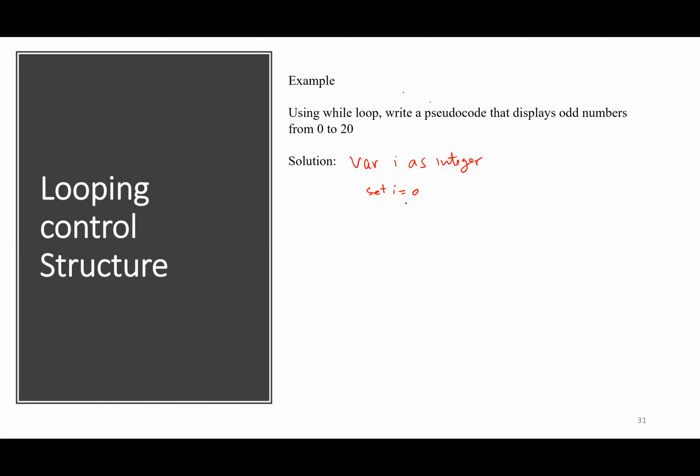Now, what is the next? I say while I less than or equal to 20, then I do what? I print I. Then I go to the next I. Then I say I equals I plus 1.